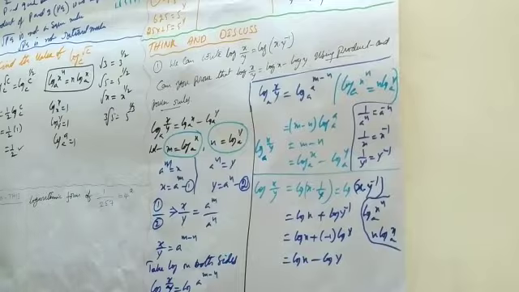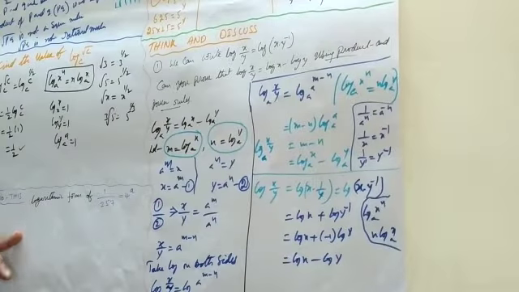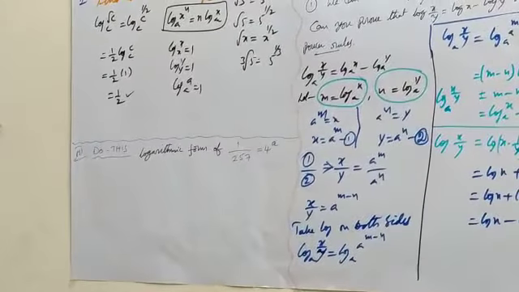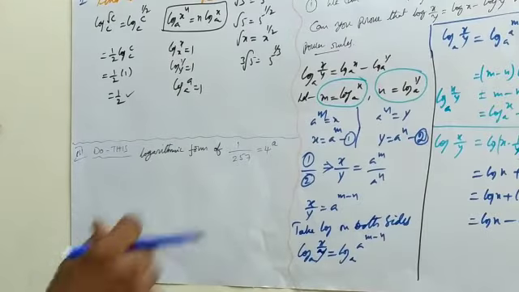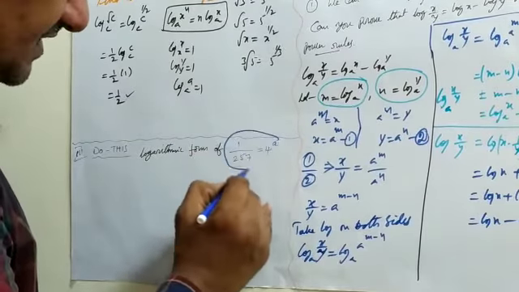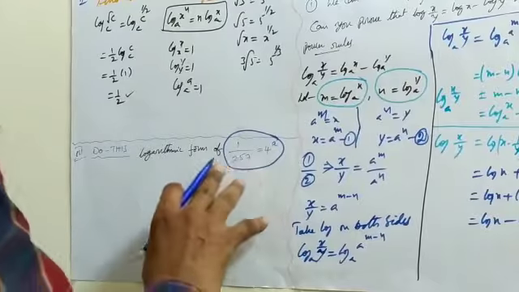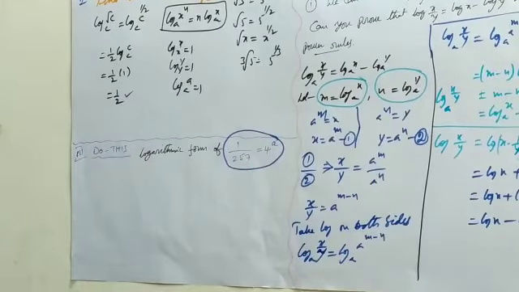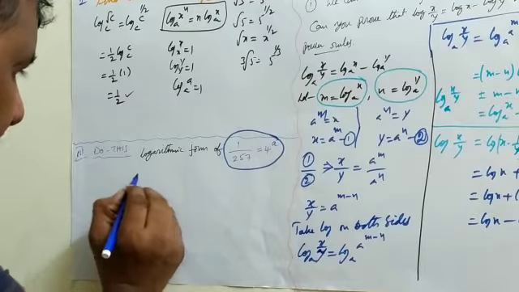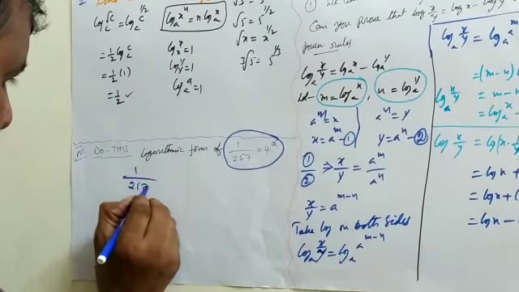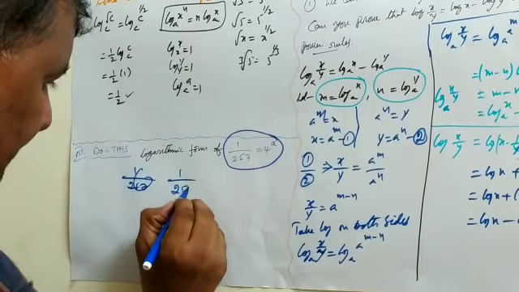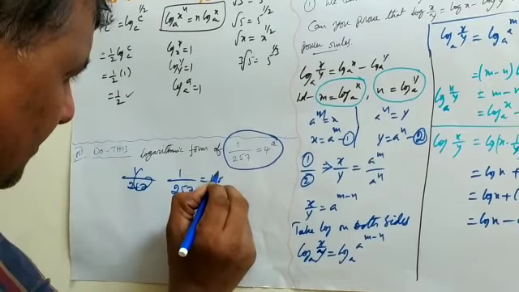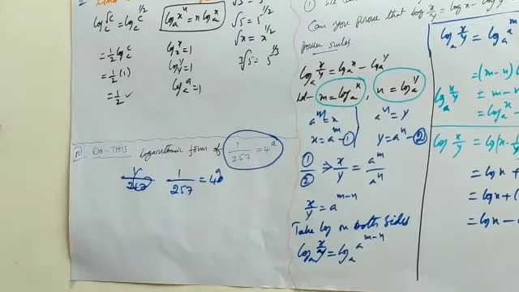One more is this. This is the exponential form; convert it into logarithmic form. Here 1 by 257 is equal to 4 power a.